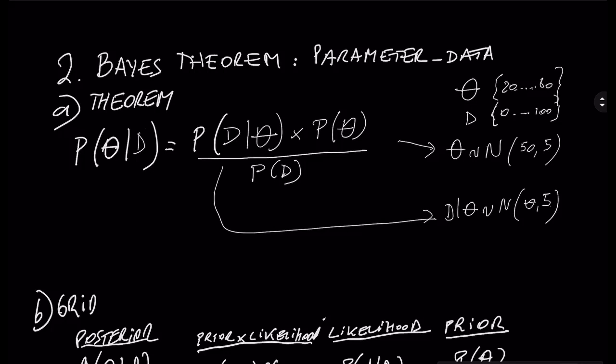So the theorem says that in order to obtain the posterior distribution, which, as I mentioned with the events form, here is an infinite number of values between 20 and 80, we need to determine the probability for every one of these values. And data can take also many values.